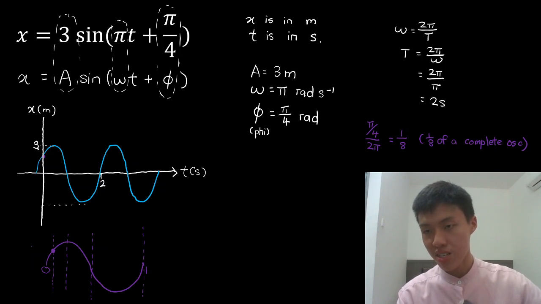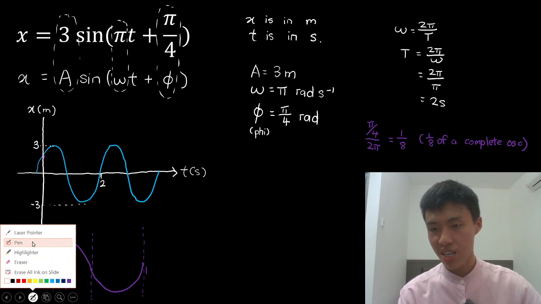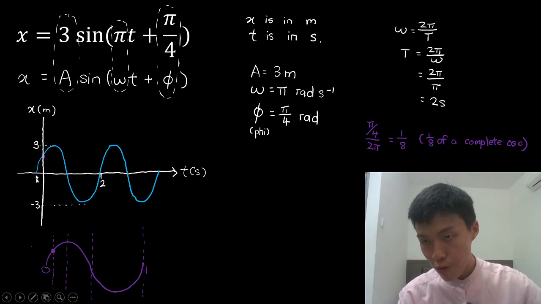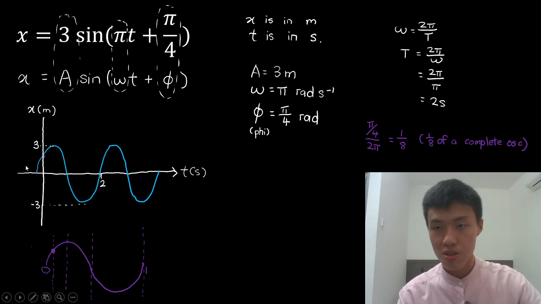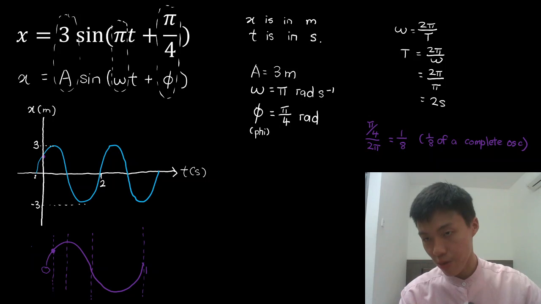I label 3 here, -3 here, still the same thing. But the thing that I really need to change is this thing here. I have moved my graph this much.